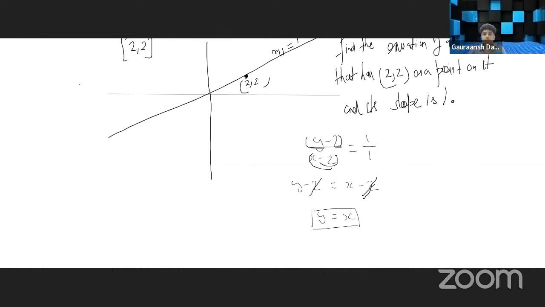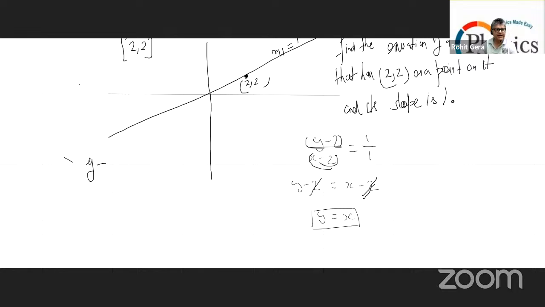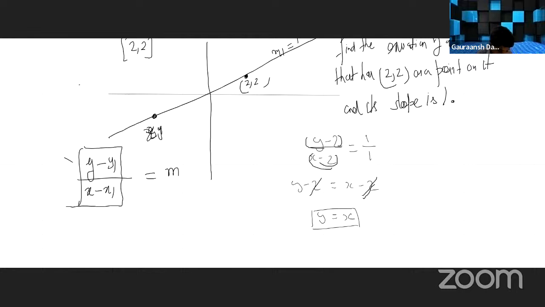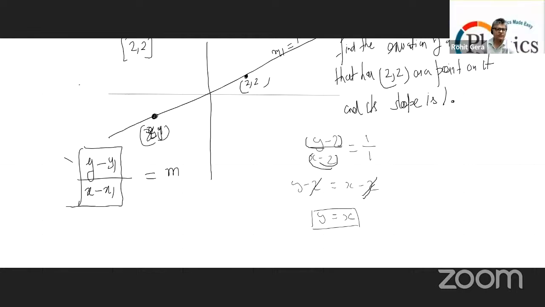So if you know a point on the line and its slope or the gradient, the formula is y minus y1 upon x minus x1 is equal to the gradient. So this expression is also actually the gradient. What you're doing is you're taking a point here on the line called x comma y. You have 2 points on the line.